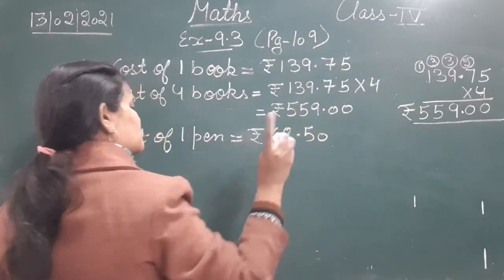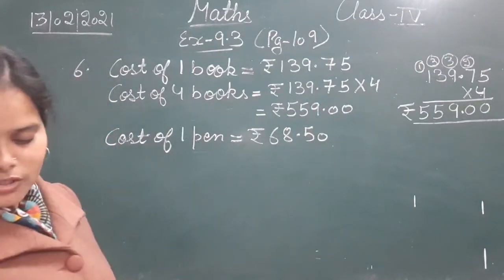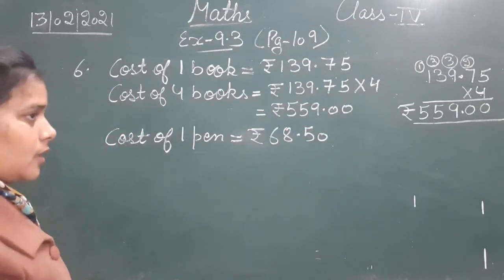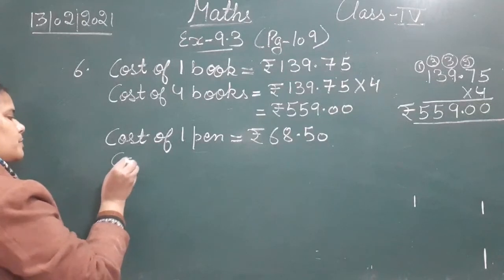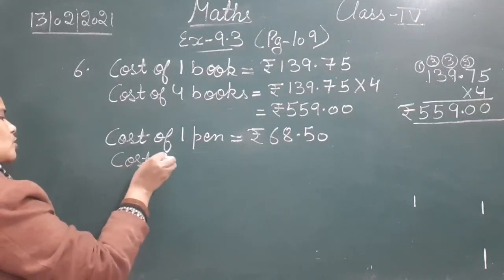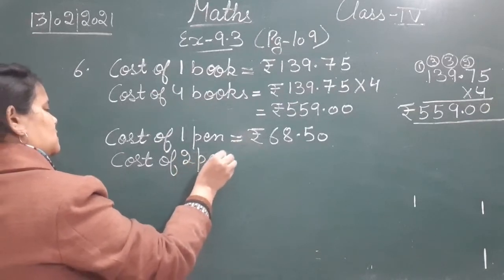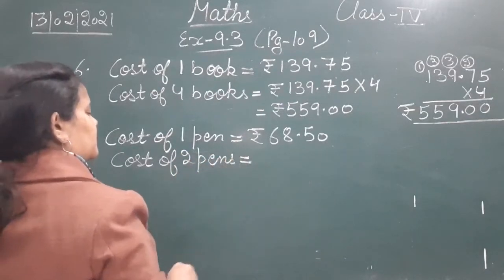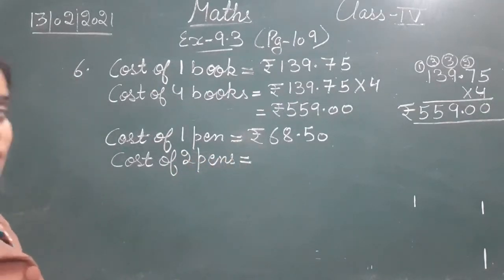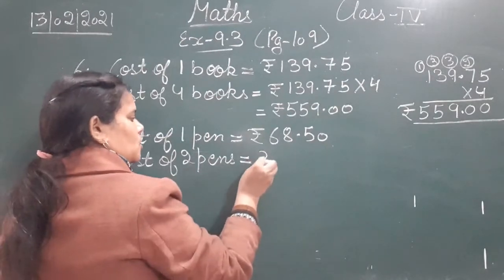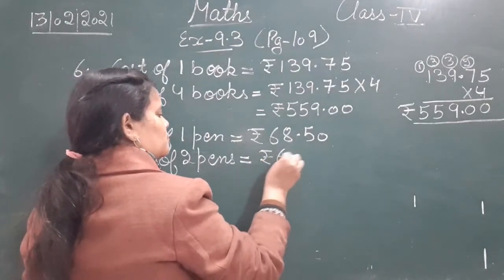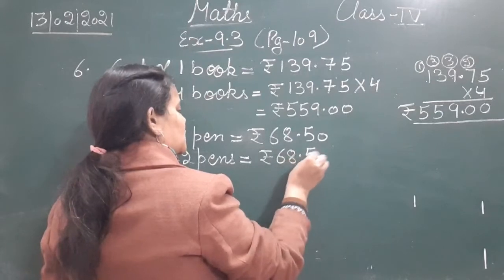So this is the cost of one pen. But she had bought 2 pens. Cost of 2 pens we have to find out. We will calculate it by multiplying the cost of one pen, that is 68 rupees and 50 paise, with 2.